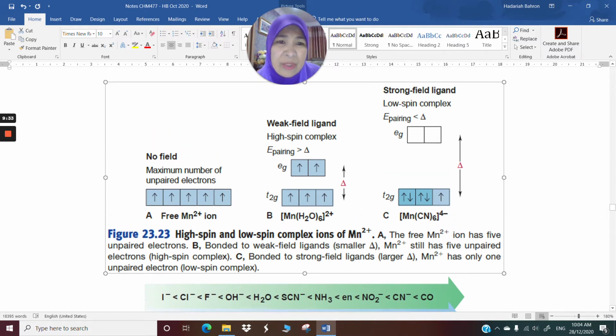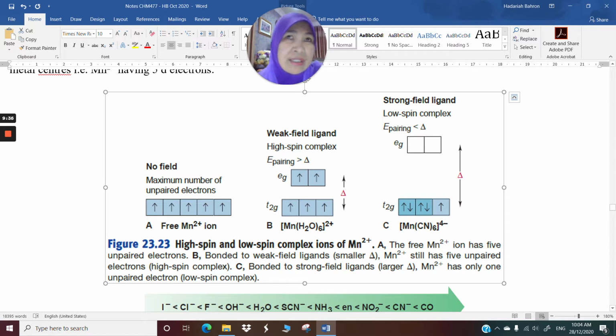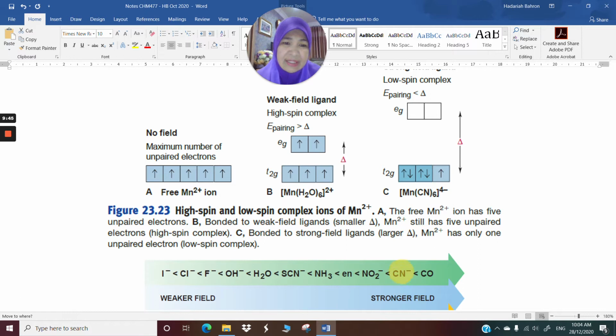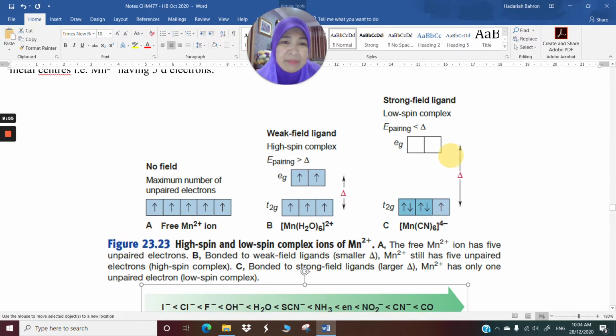But when you have a strong field ligand such as cyanide, as you can see, cyanide is on the other end of the spectrochemical series of ligands, so it is a strong field ligand. The splitting of the d orbitals becomes bigger because the repulsion produced by a strong field ligand is stronger.